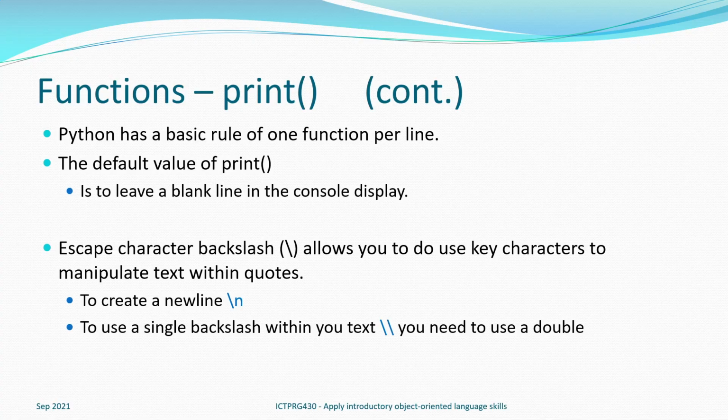We can add things inside of our text by using an escape character, which is the backslash. The most common one we use with this is the \n for new line. So that's another way of putting a line between text to affect the display.